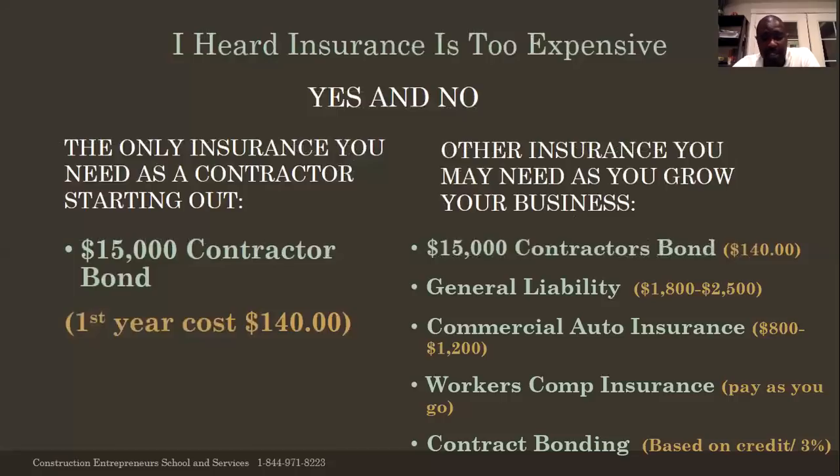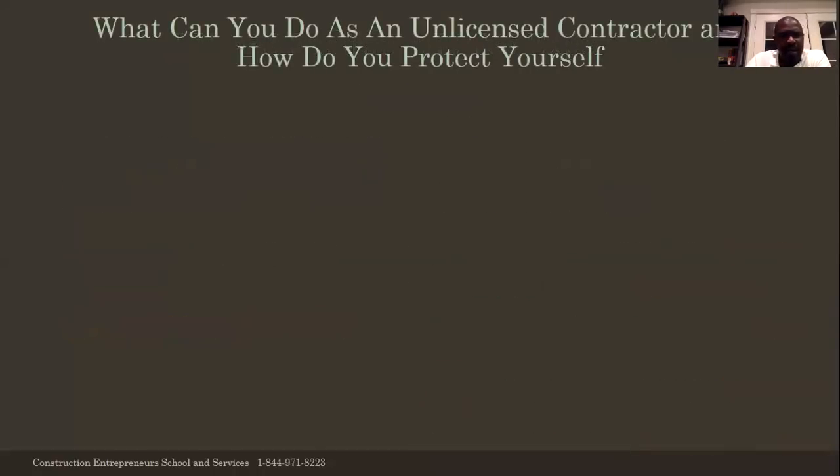And usually the bonding deals with the bid bond, work performance bond, and, oh wow, I lost it there. Bid bond, work performance bond, and I forget what the last one is here. Come to me before this is over.